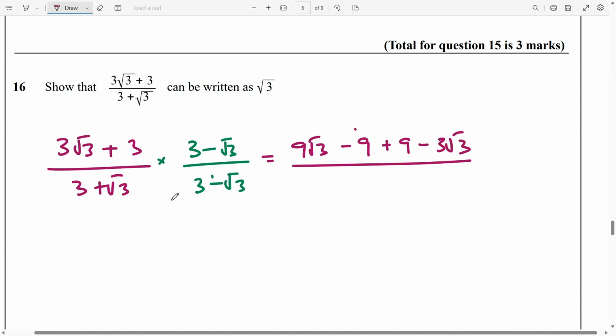And again, because this is the conjugate, the bottom is quickly 9 minus 3. And the top can still be simplified: 9 root 3 minus 3 root 3 is 6 root 3. Minus 9 plus 9 is 0, so it cancels out. And down, 9 minus 3 is 6. And again, this simplifies to just root 3. Yeah, that's correct.